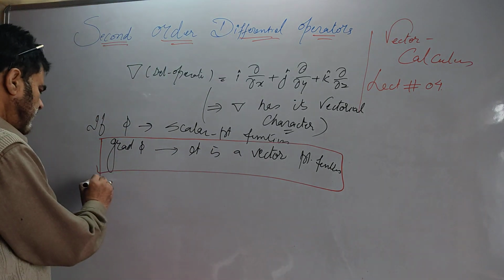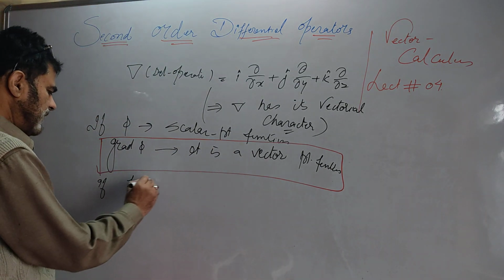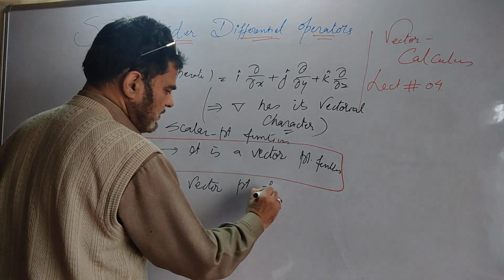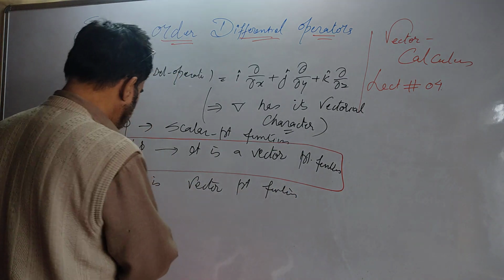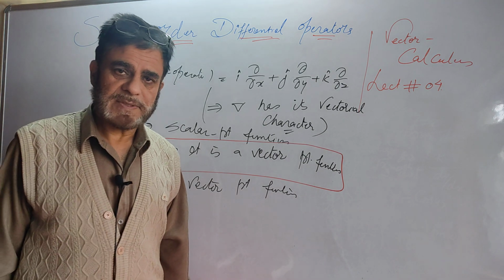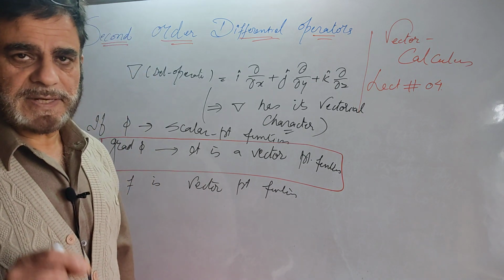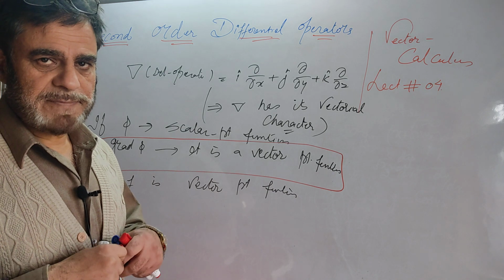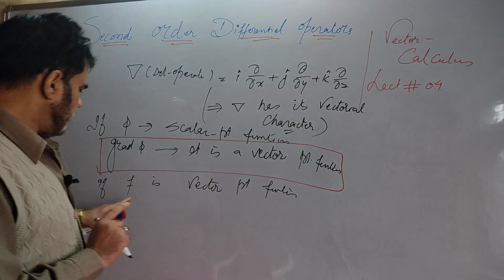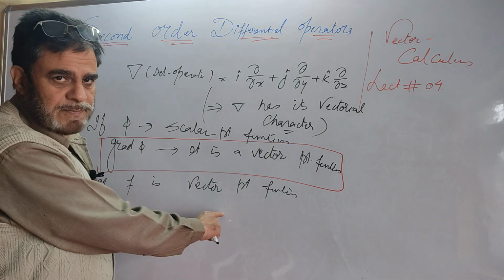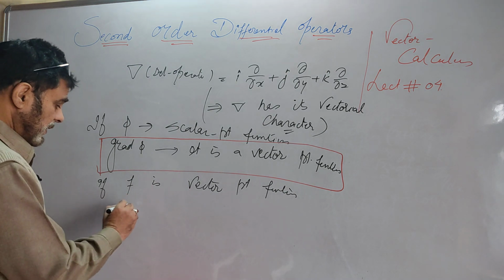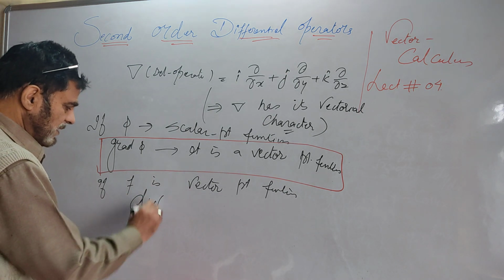Again, if f is a vector point function, then what do you find regarding this f? You don't find the gradient of f, not the gradient of a vector. Gradient is defined for a scalar point function, but when we find the gradient of a scalar point function, it gets converted into a vector. When f is your vector point function, you find the divergence of f.